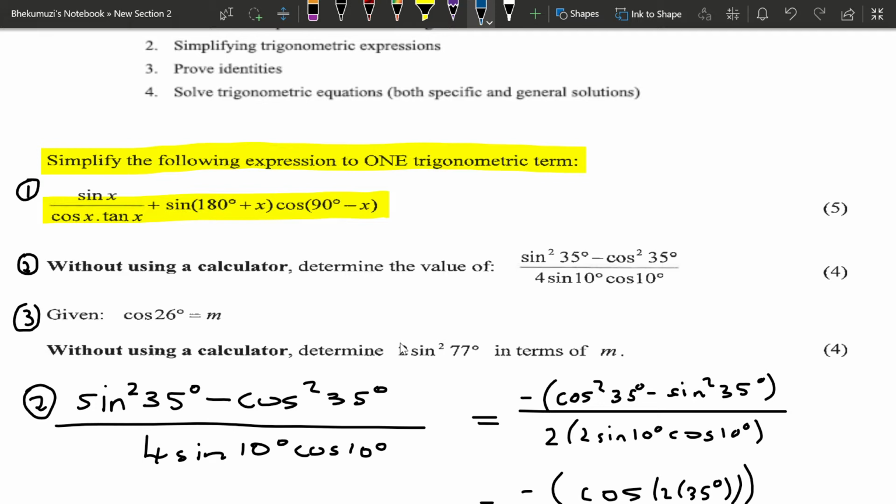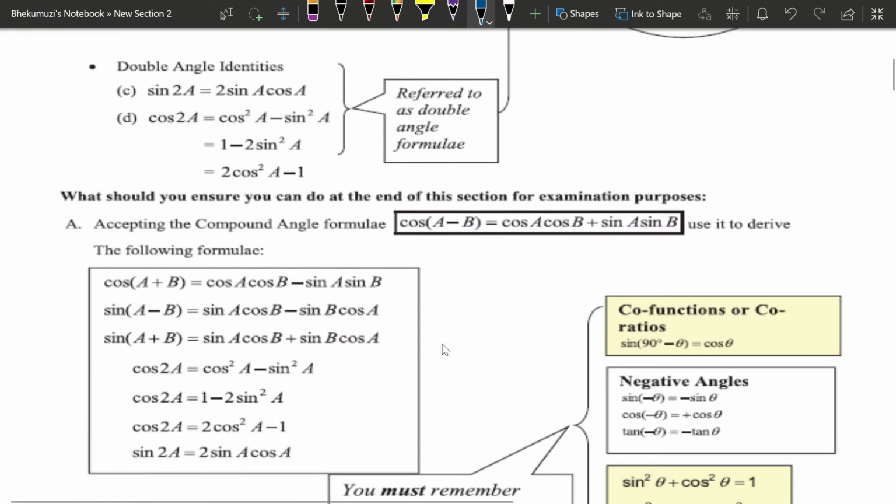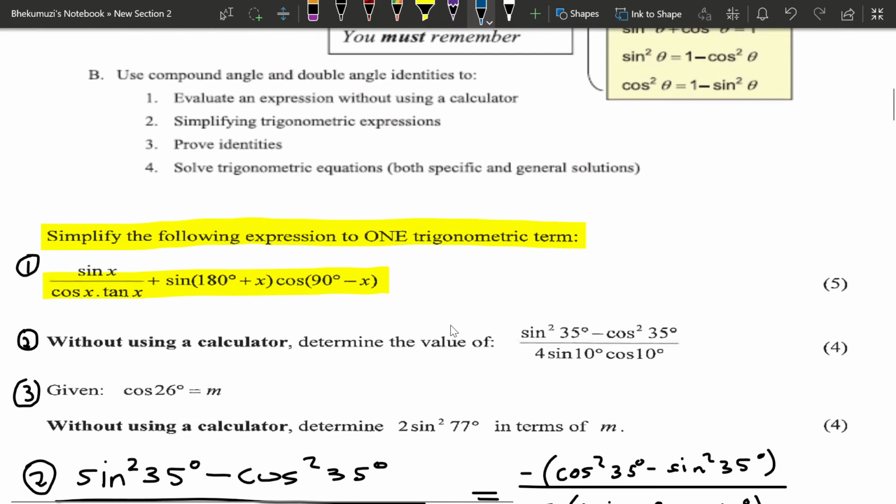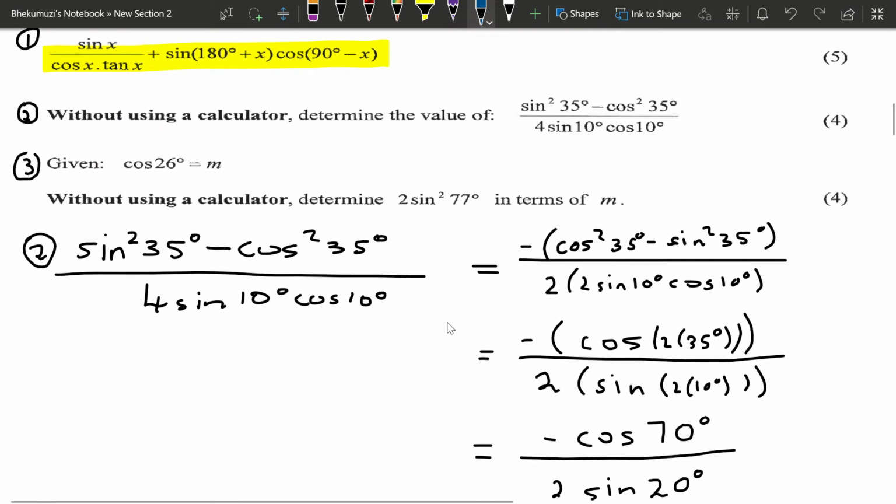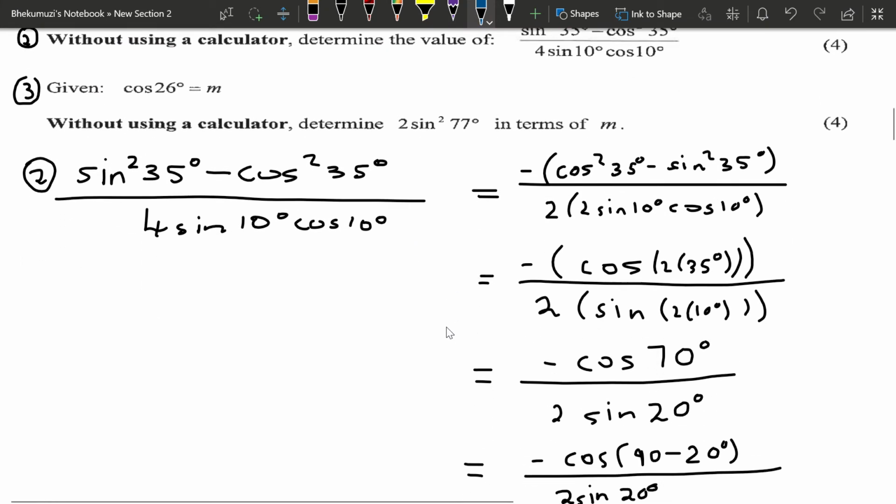Now with this one in trigonometry, generally what you need to always have in mind is that you try to get to a certain point where you have an identity, and here the identities that we want to get to are any of these ones over here. So at the top we'd have sin²35° − cos²35°.